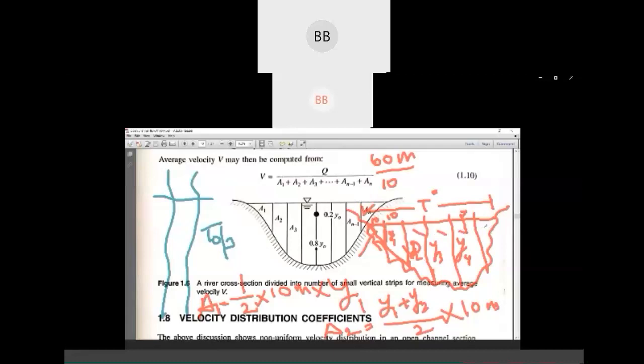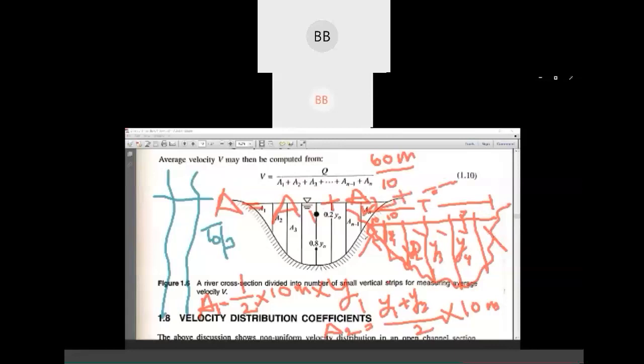The last section we again consider as triangular, that is half into base into altitude. Once you calculate all the areas, to get the total cross-sectional area, we add them up. Your total area will be A1 plus A2 plus and so on till the last area.